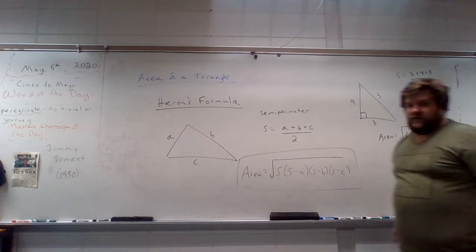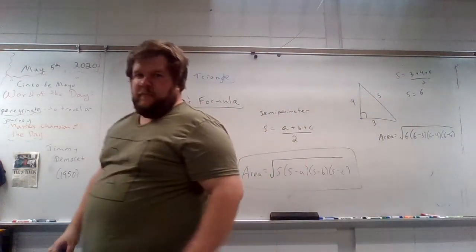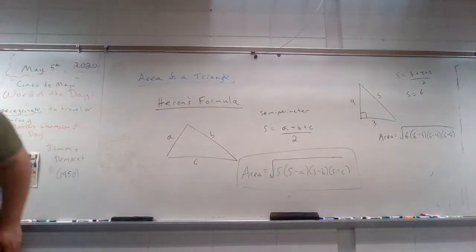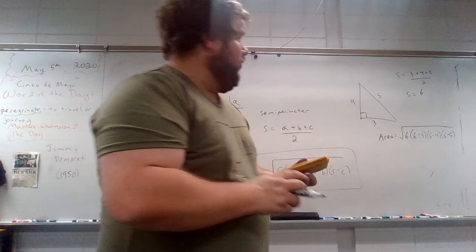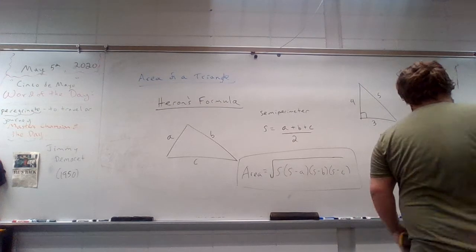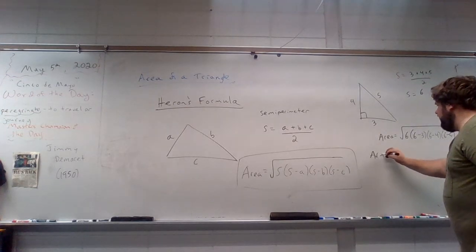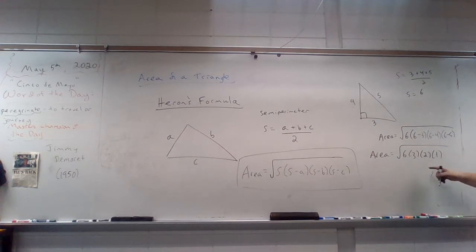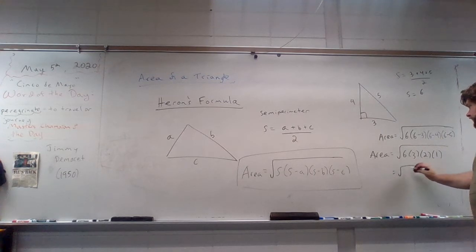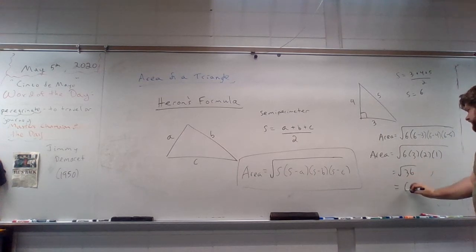I can do the sides in any order, as long as I have one factor for each of the sides. You could punch that in the calculator, or on this one I could compute it by hand: the square root of 6 times 3 times 2 times 1, which is the square root of 36, which is 6.